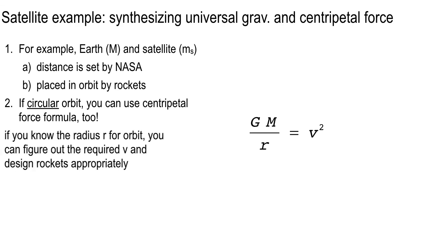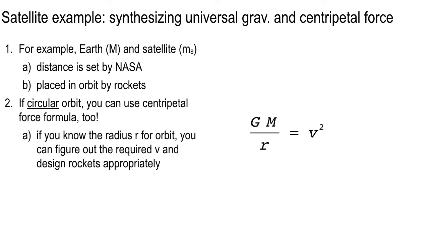So let's get this over here. So there's my GM over R and V squared. Let's say, for instance, you know the radius R that you want, and so you can figure out the required V, and then design your rockets, because a rocket is going to have enough rocket fuel to get you up to the right speed. And you don't want to have any extra.